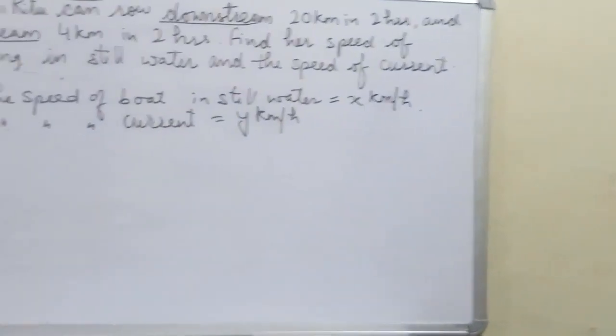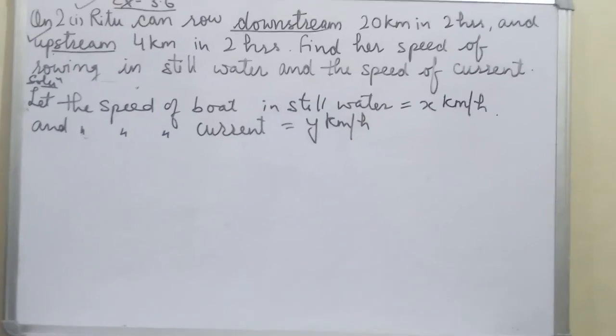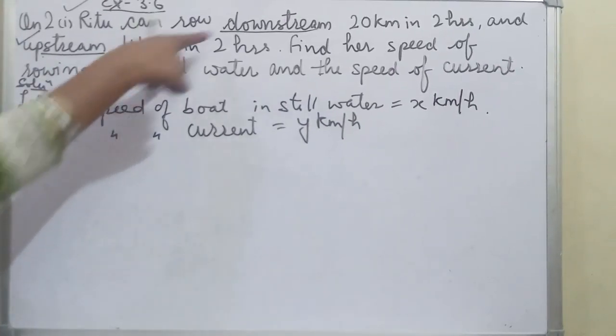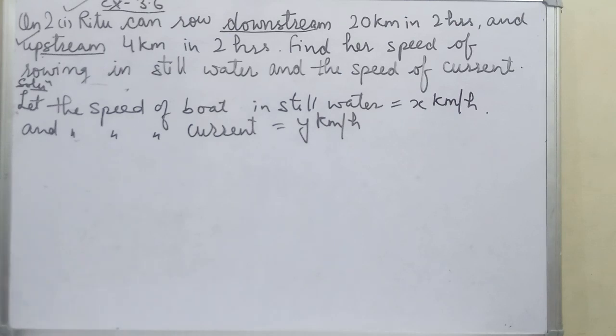So we have supposed these two things, the speed of the boat and the speed of the current. Now we have to tell what the speed of the boat is when it is moving. Ritu is rowing downstream.